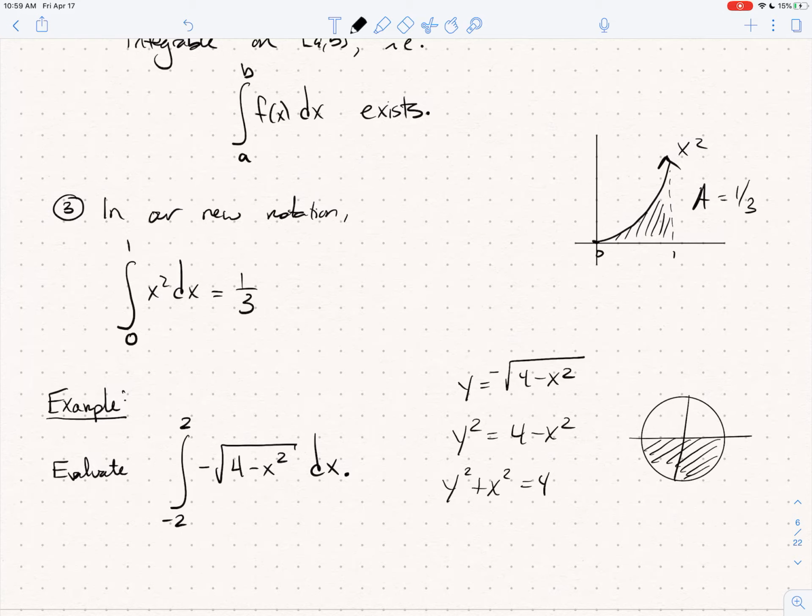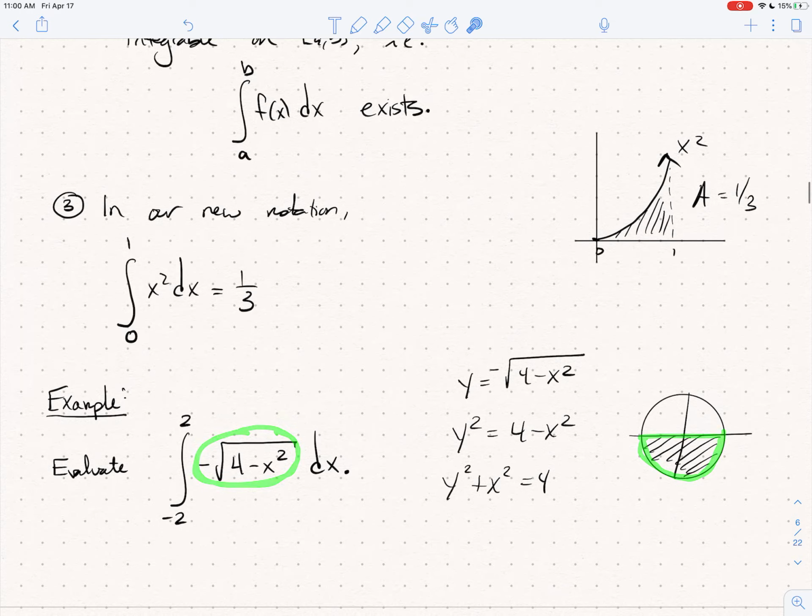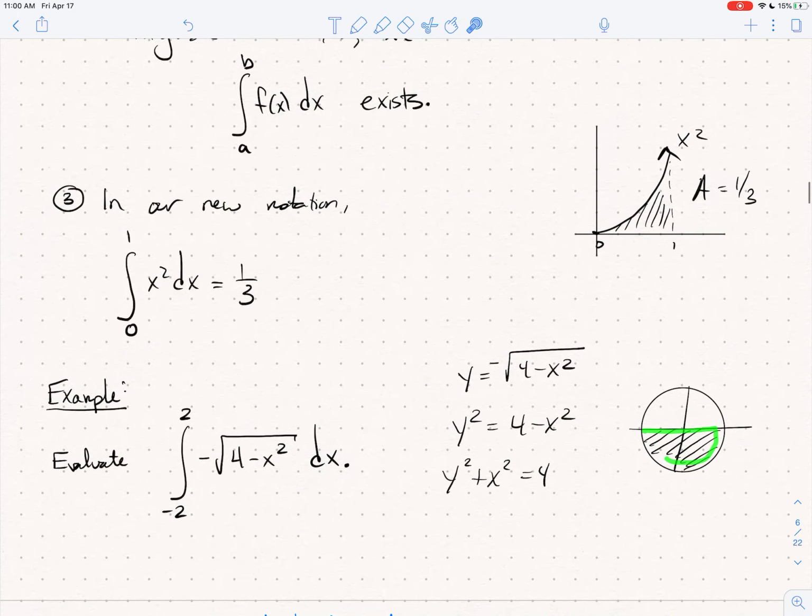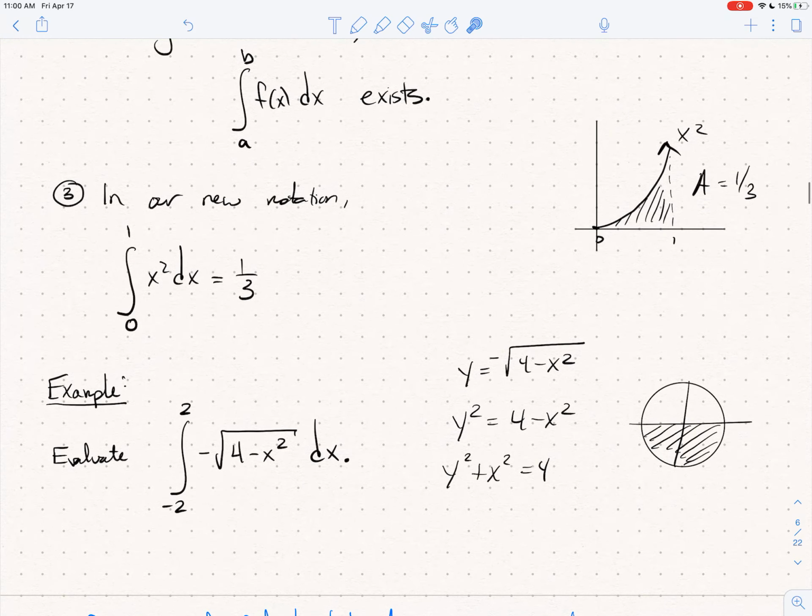And so when you compute the integral from minus 2 to 2 of this function, it is below the x-axis. It's down here. The negative puts you down here. We expect to get negative half the area of this circle. We know the area of the circle is pi r squared, and r here is 2, so 4 pi.